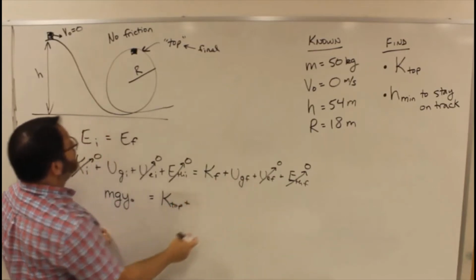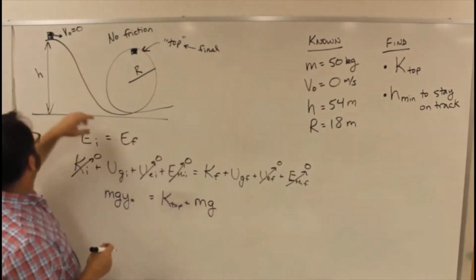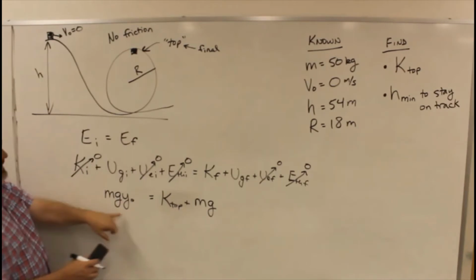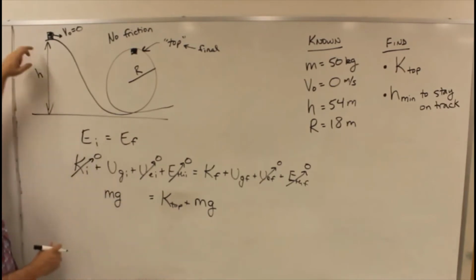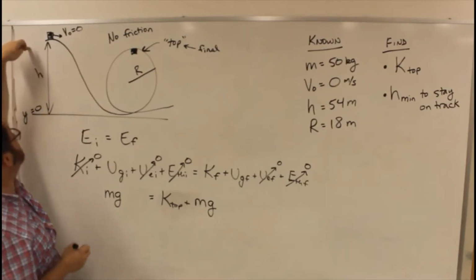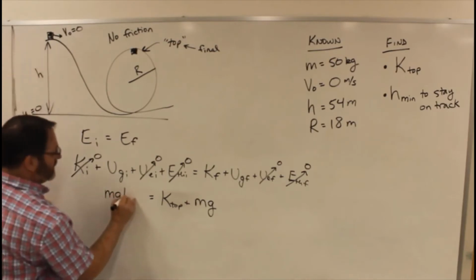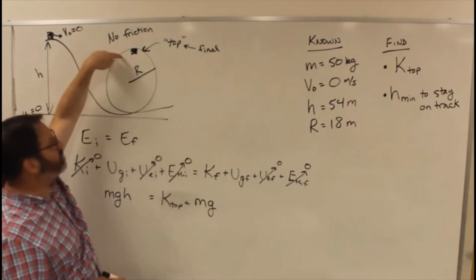Plus UG final. So that's m times g times this y initial. I should change that to make it consistent. If I make y equals 0 here, that makes it easier because my y initial then would be h. mgh. mg, what's my height at this point?